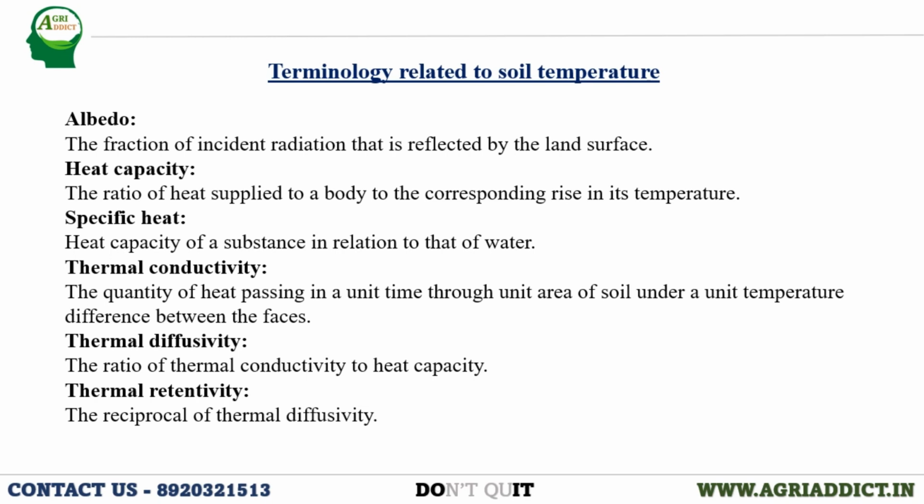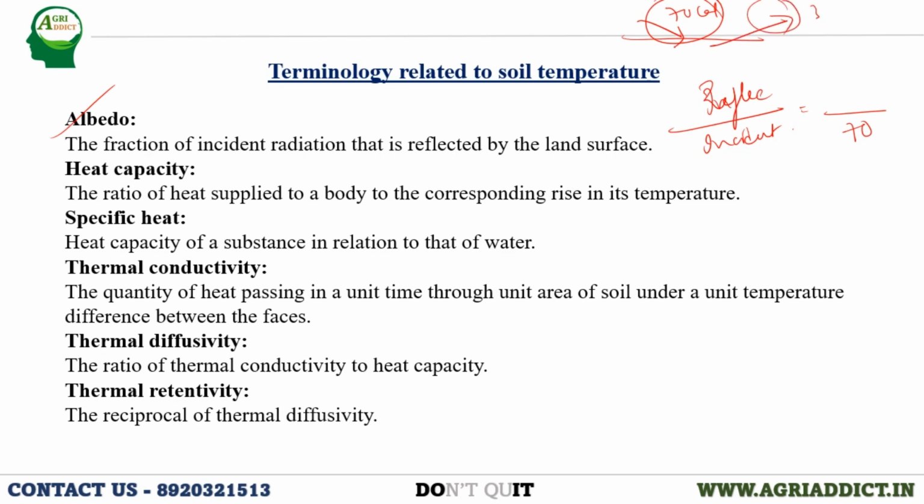First one is albedo. Albedo is nothing but the ratio of reflected radiation to incident radiation. That means if some 70 calories of energy is incident on a surface, out of this 70 calories incident, how much is being reflected?